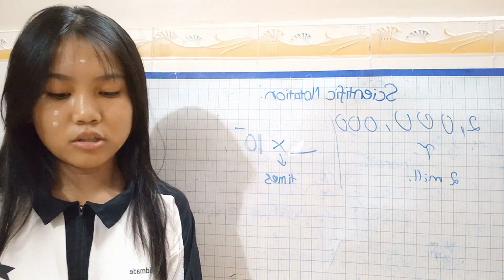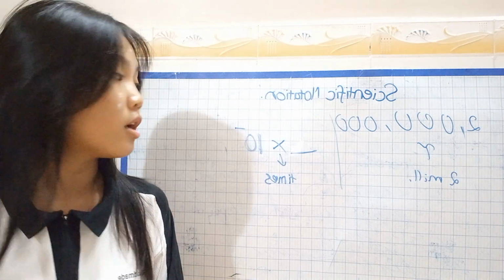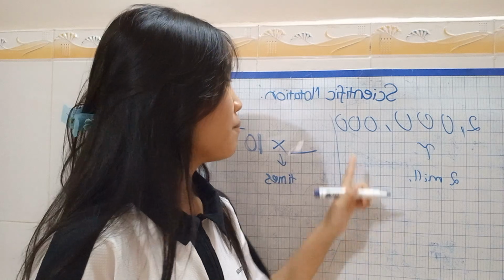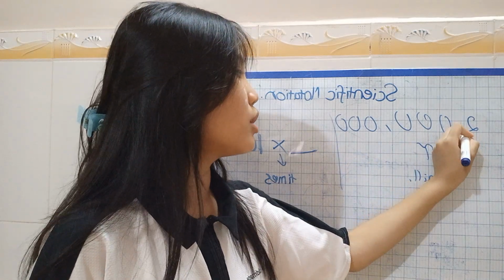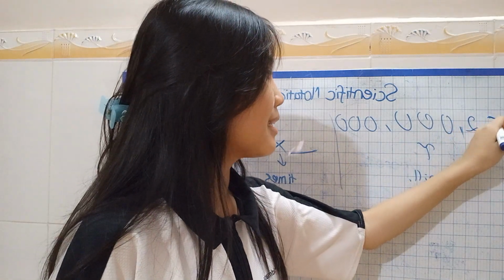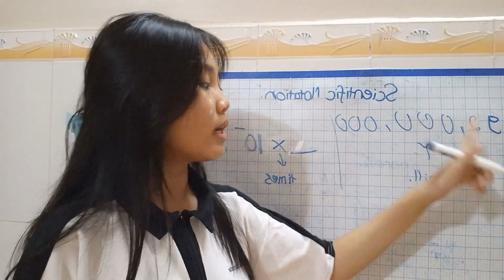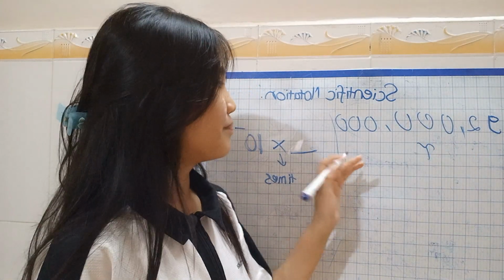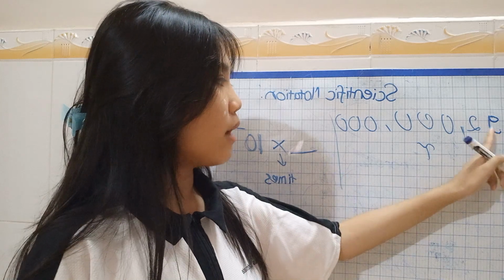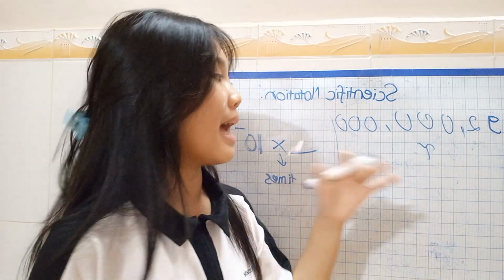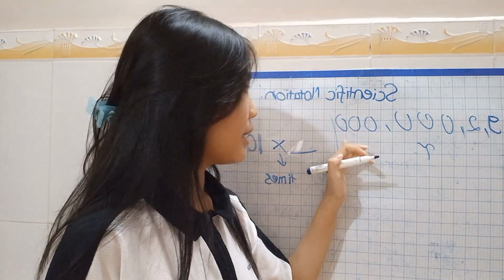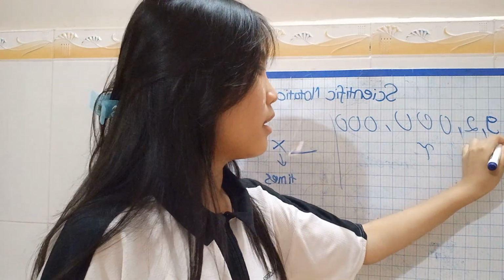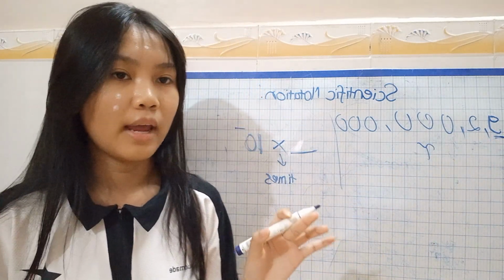So now let's do some visualizations on this number. How do we write it in scientific notation? Here we have 92 million. How would I write this? I'll write it in decimal form, and we want to have only one number in the whole number area.